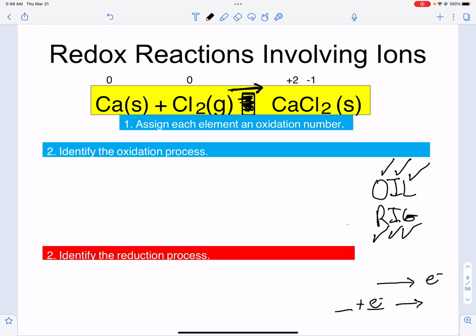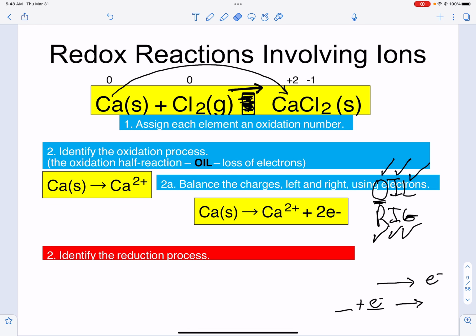So how can we find out that? Which one is the oxidation? Oxidation is losing. So let's see what happens. The calcium is becoming calcium 2+. So for something to go from neutral to positive, it has to lose electrons. So what I'm going to say is that for calcium becoming calcium 2+ to happen, my equation has to balance on both sides, not only on the amount of atoms, but also on the charge.